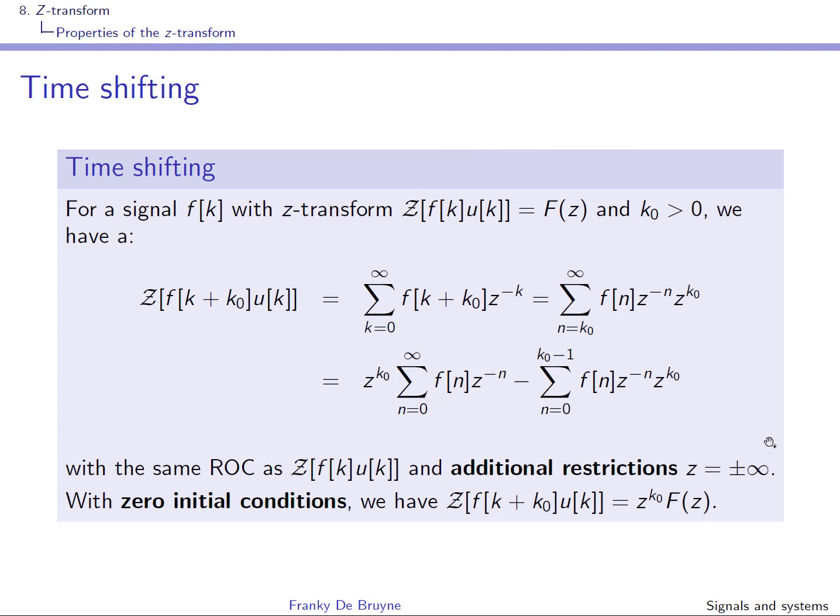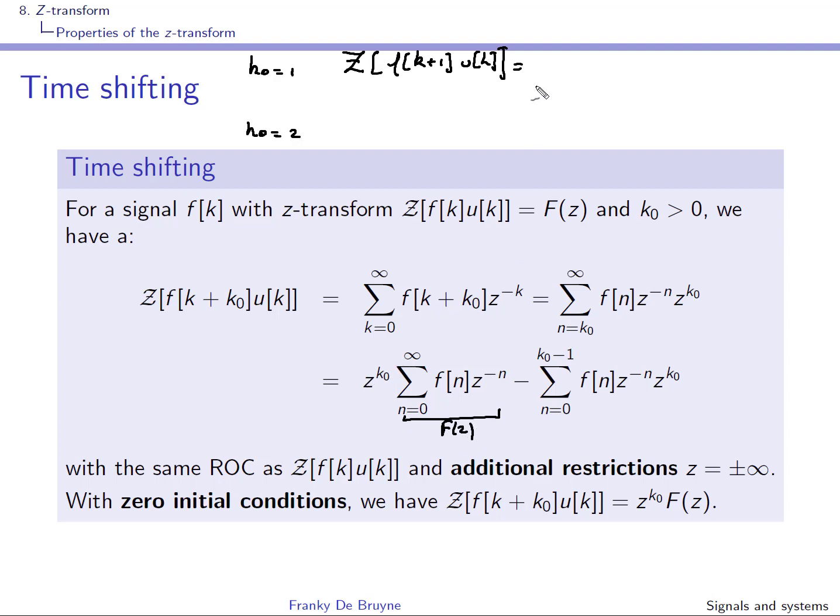In the exercises, we'll have to use this time shifting property with k0 equal to 1 and k0 equal to 2. So let's apply the formula to this case. The Z transform of the signal shifted by 1 to the left will be, this is F of z, remember?